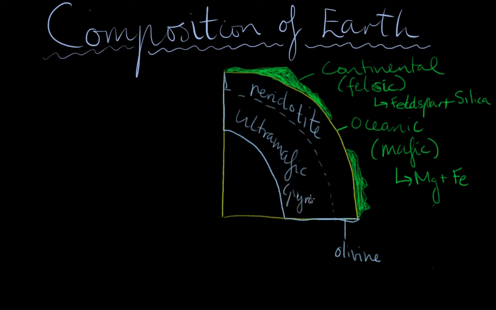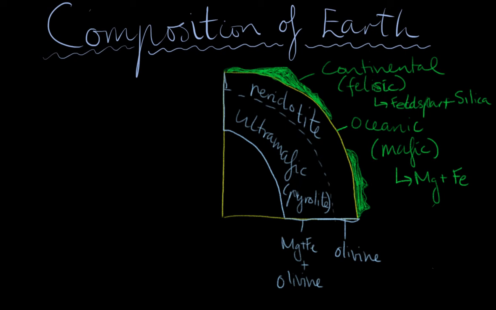So pyrolite. There you go, pyrolite. And this is a mixture of magnesium, iron, and olivine. And there are other names like eclogite and all sorts of weird stuff like that, but at the moment all we need to realize is that this is an ultramafic soup in the lower mantle.